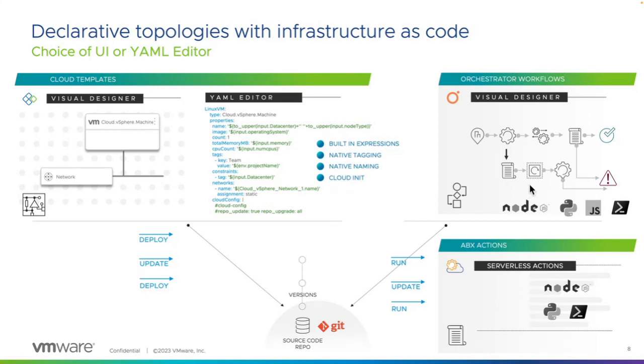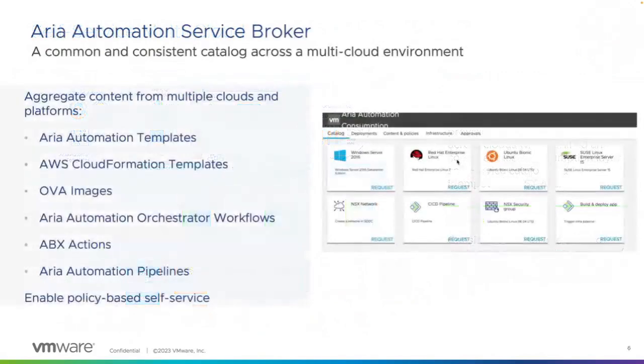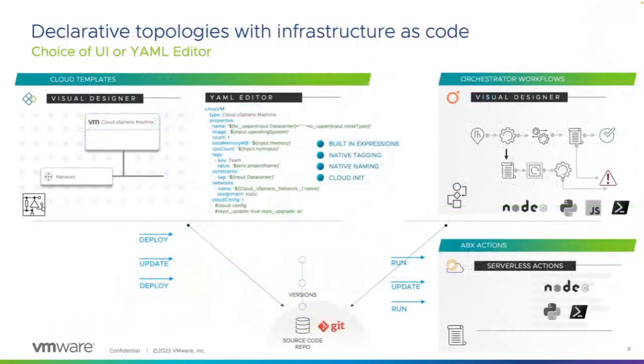And then orchestrator workflows. Again, these are more of your longer chain kind of workflows, where maybe you're putting different actions, scripts, all kinds of stuff you can drag and drop on that canvas. A couple of years ago, we also added some additional capabilities to Orchestrator around it being more of a polyglot scripting environment.